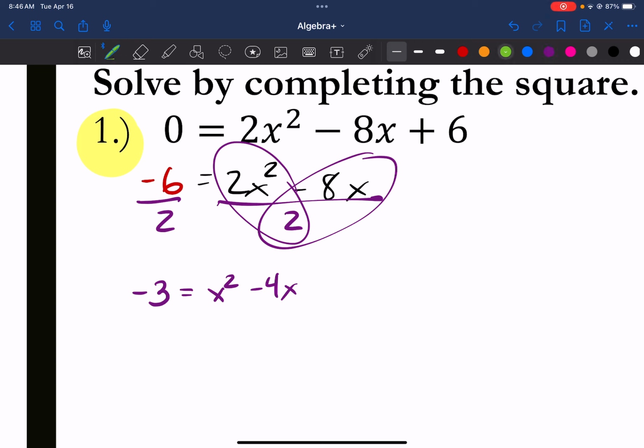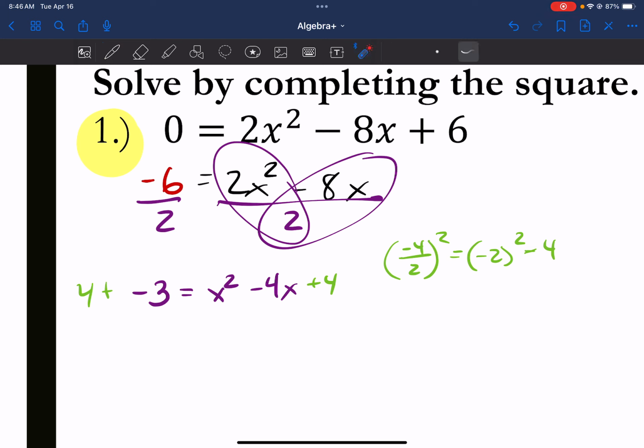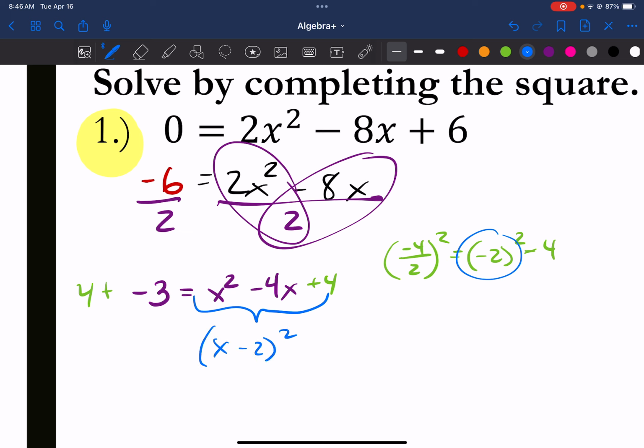So we're going to now do b over 2 squared, which is negative 4 over 2 squared. So it's a negative 2 squared, which gives me a 4. I'm adding 4 to both sides. This side is now a perfect square trinomial, so now I can factor, which comes from here, x minus 2 squared. The other side, 4 plus a negative 3 is 1. Take the square root.